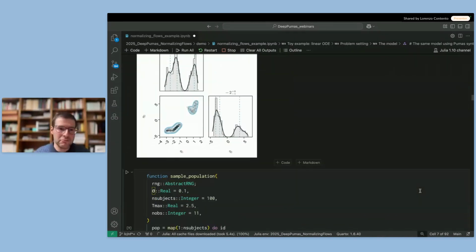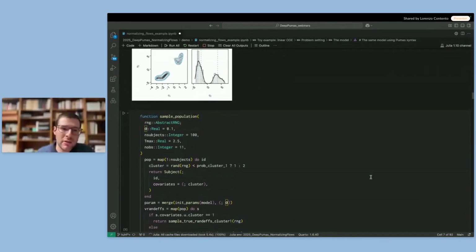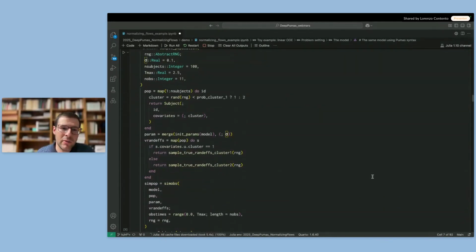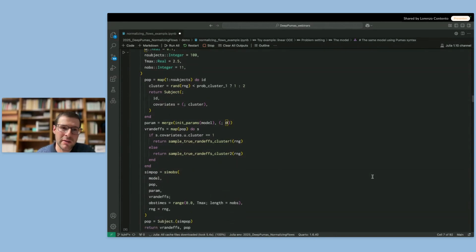Okay, so once we have the random effects, we can sample a population using them. So this is just Pumas code. I will just skim over it. But essentially what we do is determine for each subject which cluster they belong to. There is a certain probability of belonging to cluster 1 and a certain probability of belonging to cluster 2. Then depending on this cluster covariate, we choose the distribution to sample the random effects from.